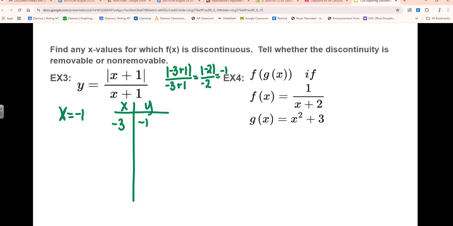So I get -1 for that. Okay. If I plug in -2, then I've got the absolute value of -2 plus 1 over -2 plus 1. And that gives me the absolute value of -1 over -1. And that is also -1.